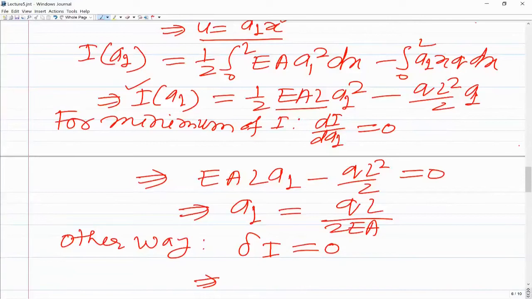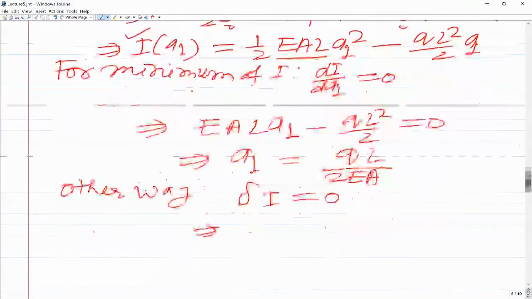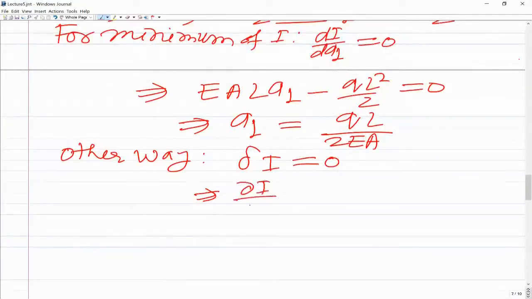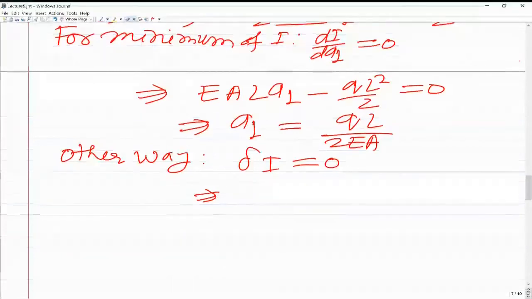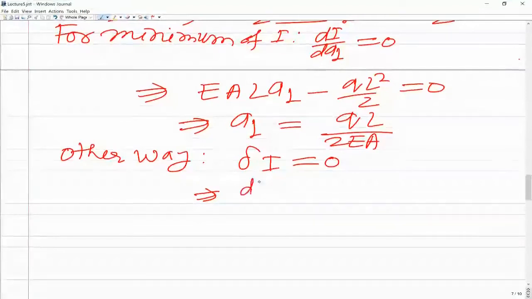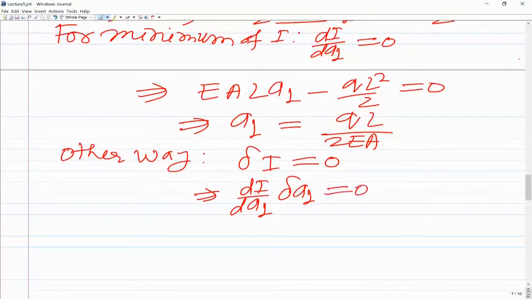In this case I is a function of only a1, so it's a total derivative. So I can write delta of I as dI by da1 into delta a1, equal to 0.